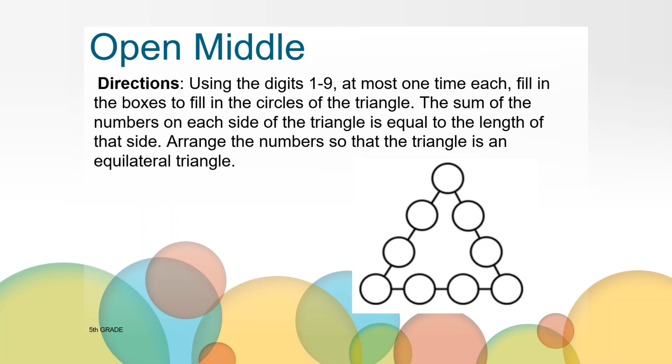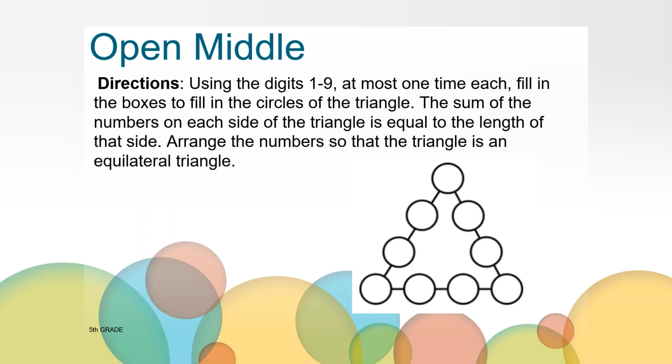Ready to stretch your brain? In this challenge from Open Middle, we have an equilateral triangle made up of circles. And you need to use the digits 1 through 9 at most one time each to fill in the circles. That means you can only use the digit 1 one time, the digit 2 one time, the digit 3 one time, and so on.